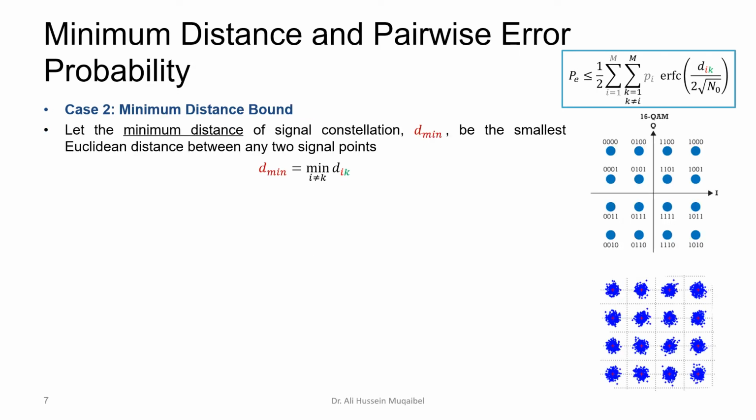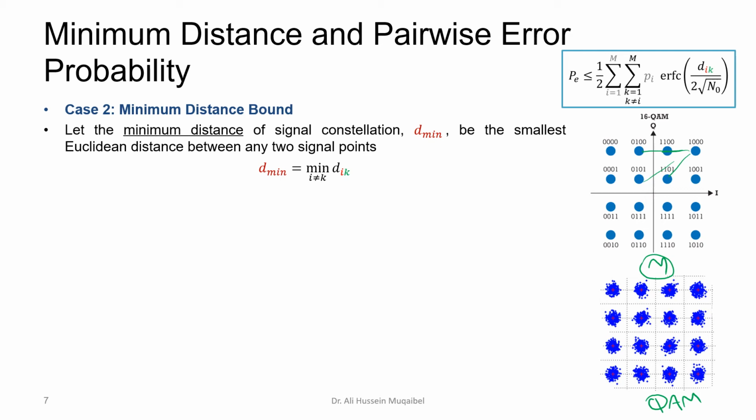In the following example, we consider QAM, quadrature amplitude modulation, especially if we have a large number of constellation points and capital M is relatively large. So what do we do? Instead of measuring all the distances, we can do that, of course, but to get a nice form expression, we can simplify things.